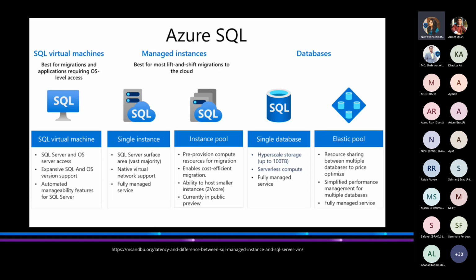But when it comes to PaaS, we can use the managed instances where Azure will manage our resources and instances. Inside that, we can use single instance, where the SQL Server surface area would be used. A vast majority of people use this single instance service from Azure.